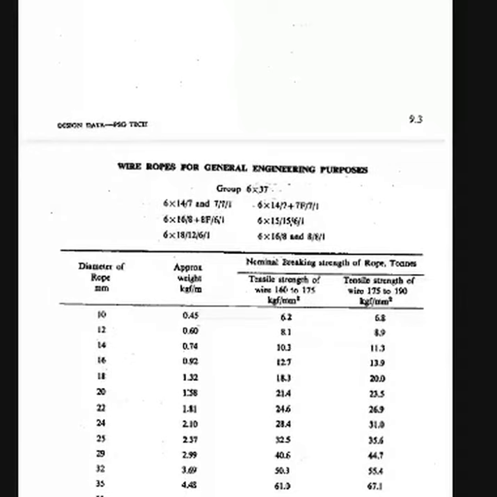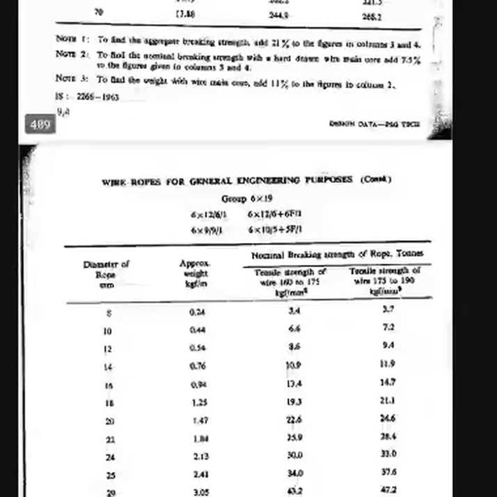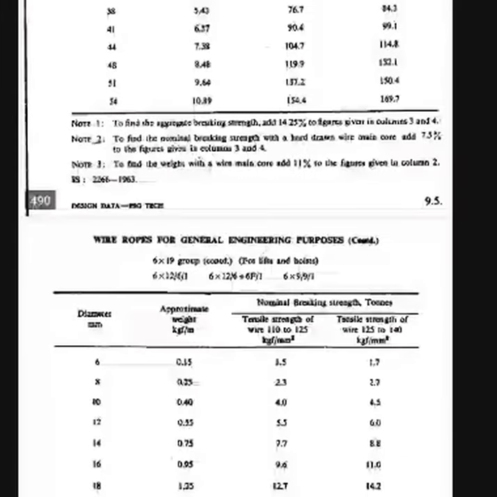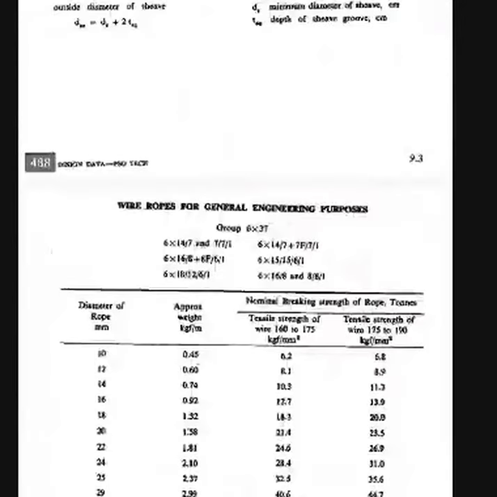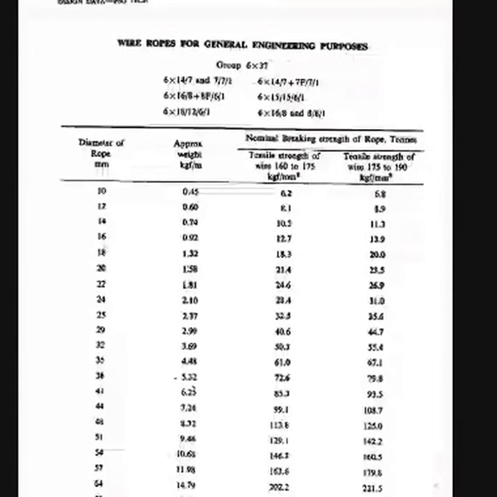The nominal breaking strength of the rope is given in tons, right? It can be continued on the next page. It is for 6 into 19. As we have taken 6 into 37, we are referring to 9.4. If you had taken 6 into 19 or 6 into 17, we would change the page then.